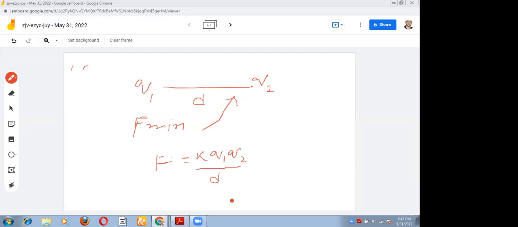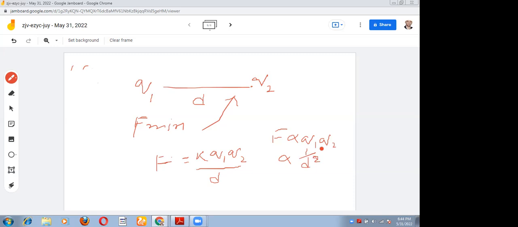The force between two charges is directly proportional and inversely proportional to the distance. We are missing something. Coulomb's law says the force is directly proportional to the product of charges Q1 and Q2 and inversely proportional to the square of the distance, right?